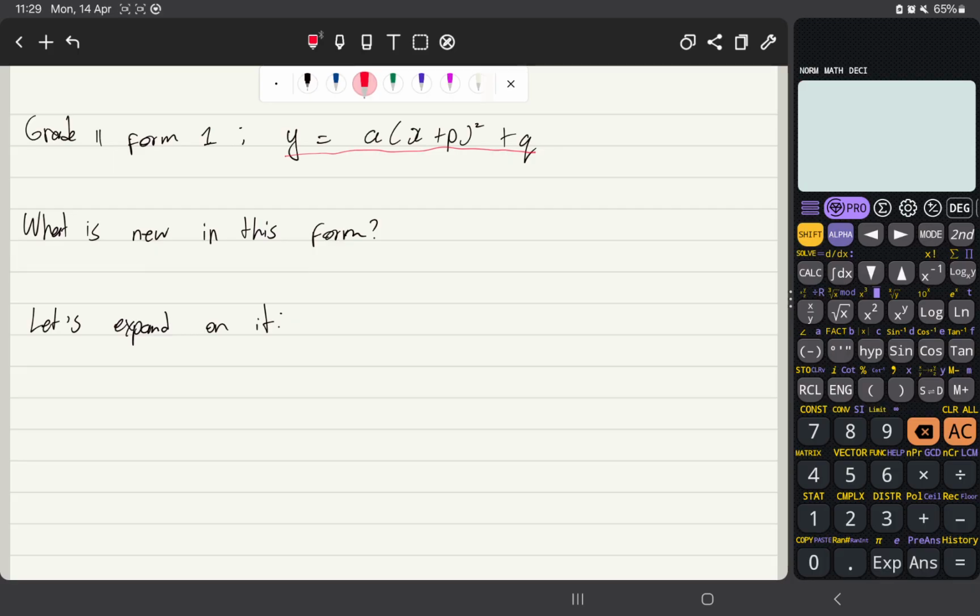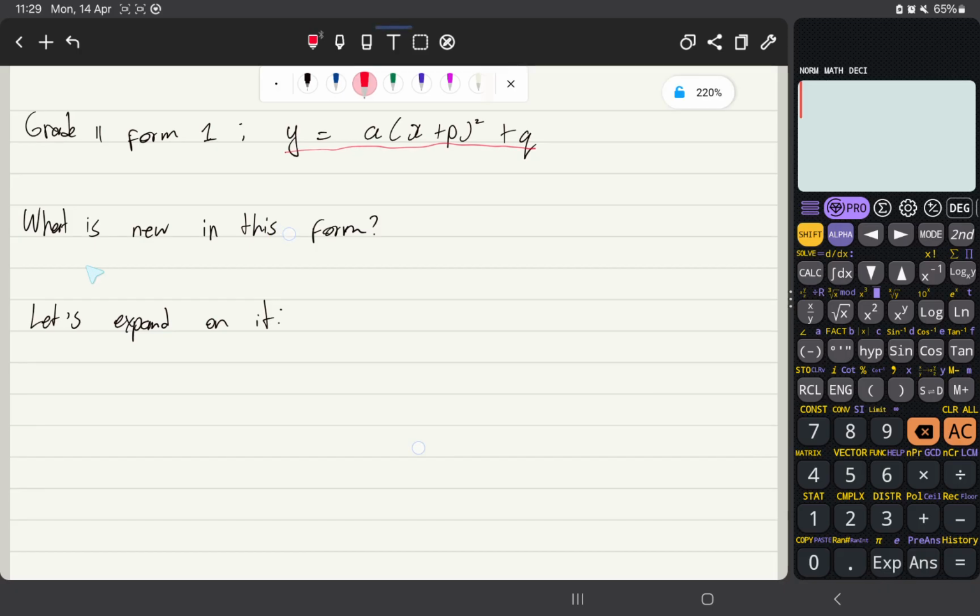Before that, let's look at this form. Is there anything new in this form from the previous one? Of course, the format is not the same, but is there any variable that you've never seen before in any other forms of your parabolas? And I'm sure the answer is yes, there is. That thing is p, right? I'm going to write it down here.